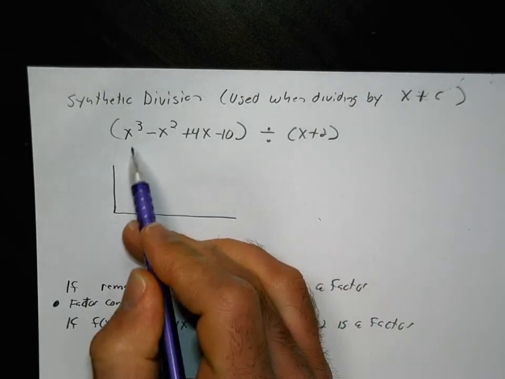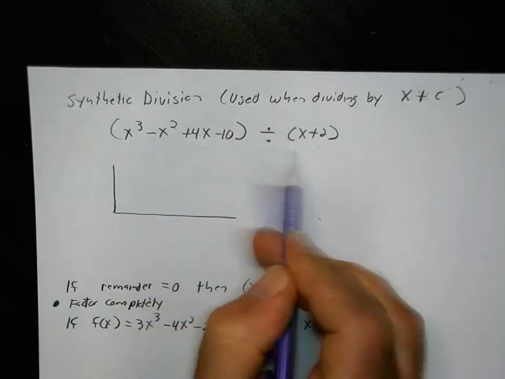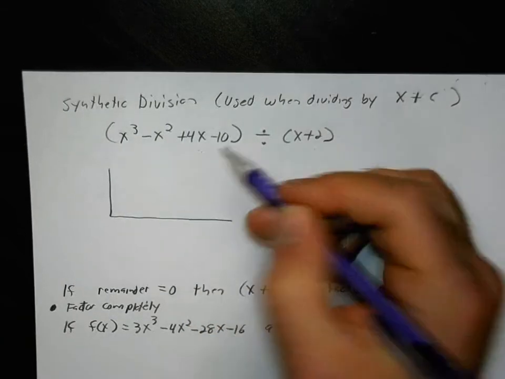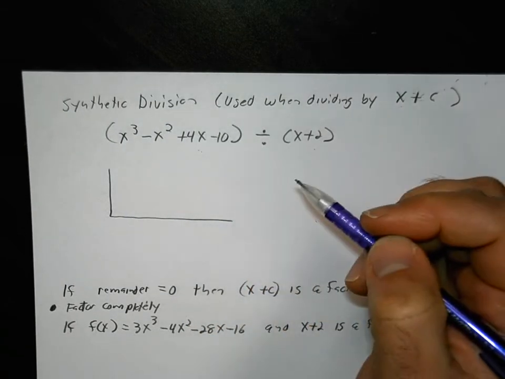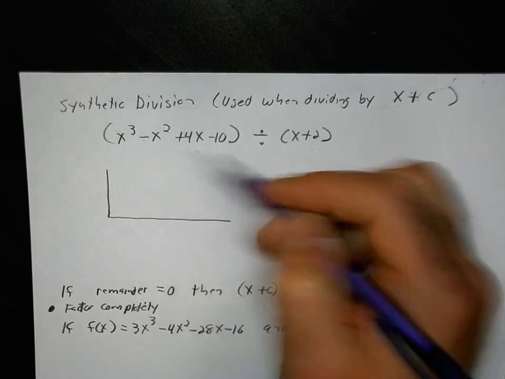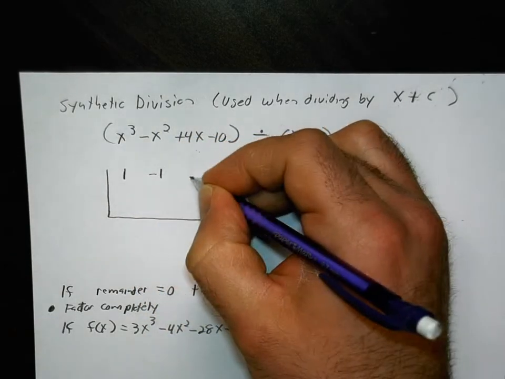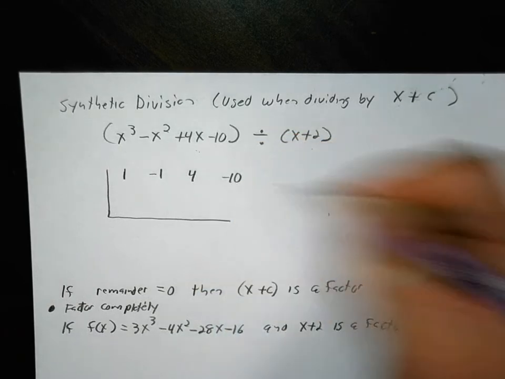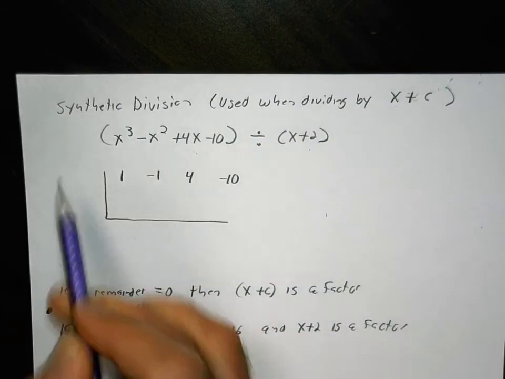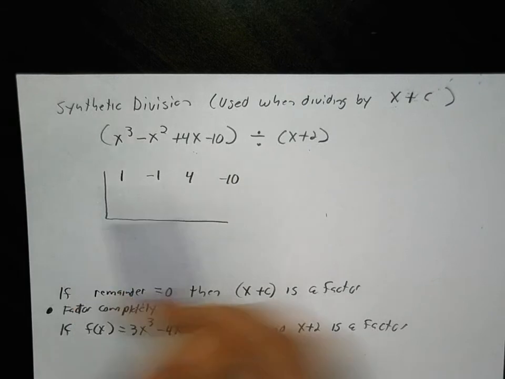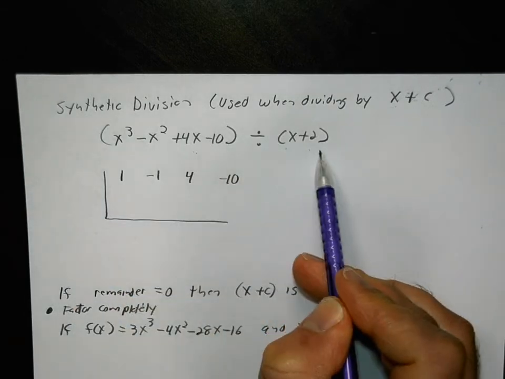Okay, so I want to divide this into this. This is actually the same problem we just did. Okay, so what I'm going to do is same thing when I did synthetic substitution. I'm going to put my coefficients up here. So this is a 1, negative 1, a 4, and a negative 10. Now here's the key. The number I put out here is the number that makes this 0.